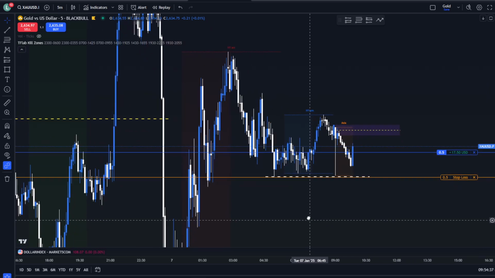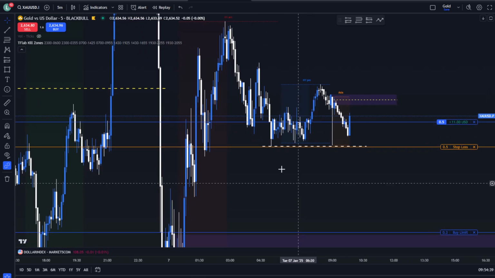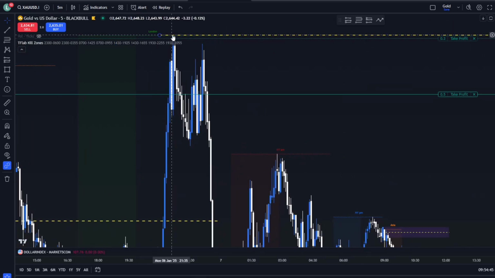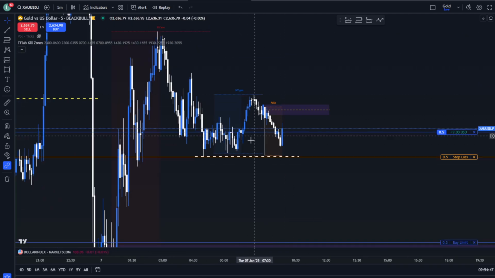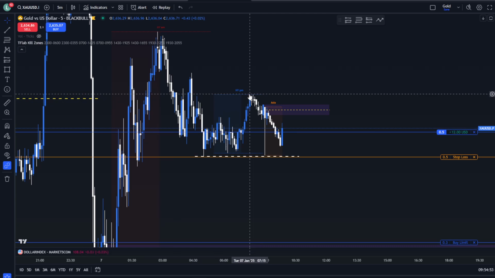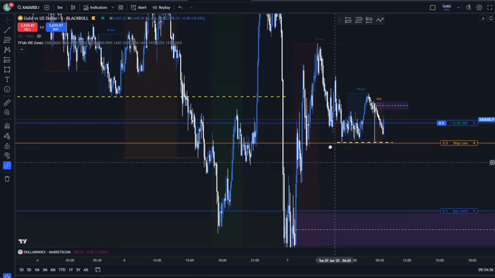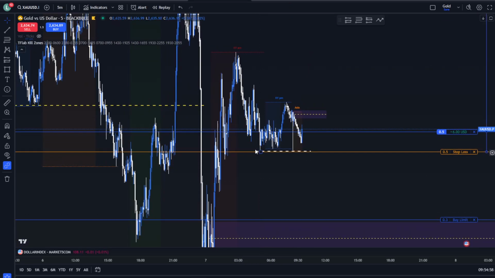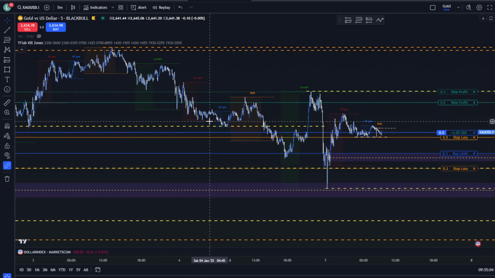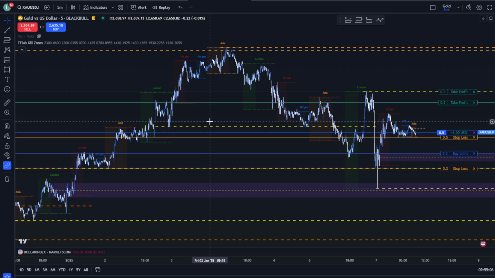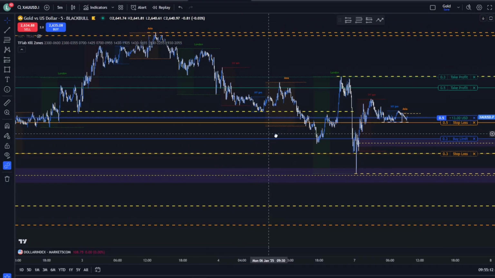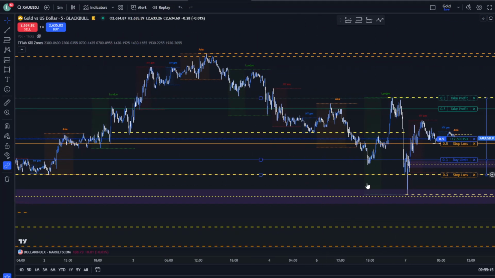Let me just see what else I can spot here. So we've got highs, lower highs, lower highs, lower highs. We've got this and then a higher high, but lower highs, lower highs, lower highs. Okay. Lows, lower lows. Looking at it, the trend does look downwards if we were going to be heading for weekly lows, but we did grab weekly lows.